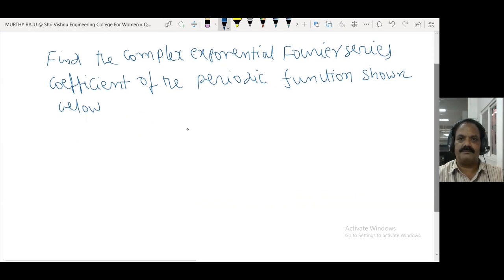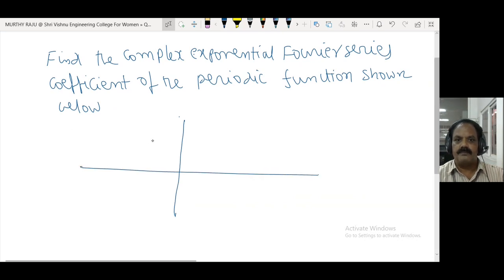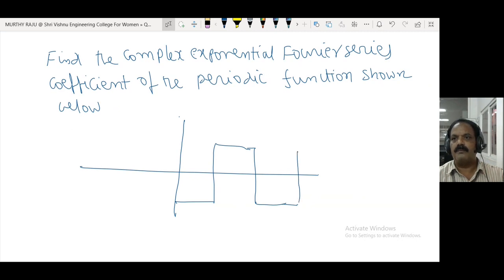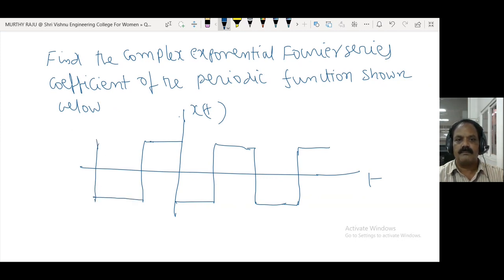This one is a function x of t. Here the value is 1, 0, minus 1.